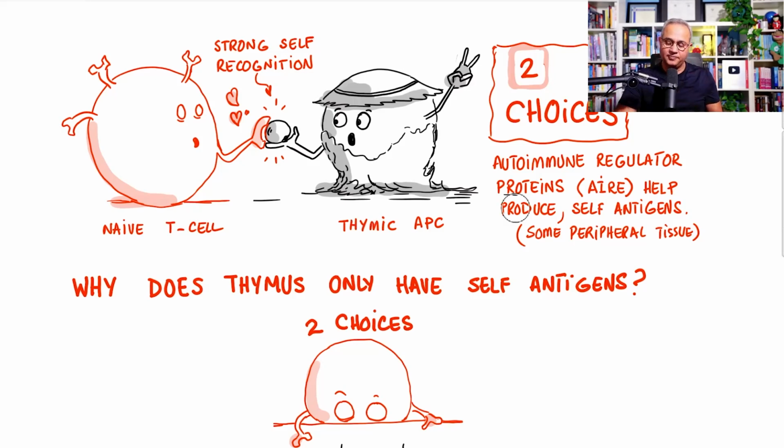Why are they special? These antigen presenting cells in the thymus have a special genetic expression open in them that does not happen in the rest of the body, and those genes help these cells produce proteins that are called autoimmune regulator proteins, or AIRE.